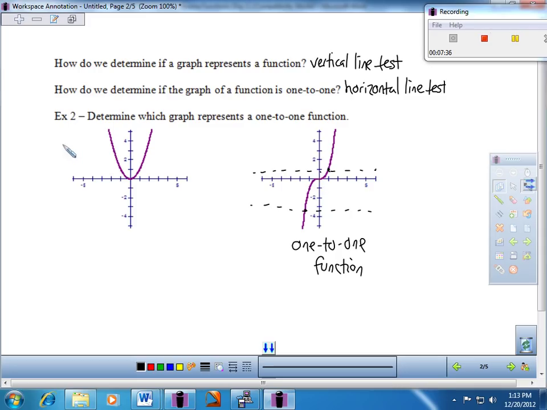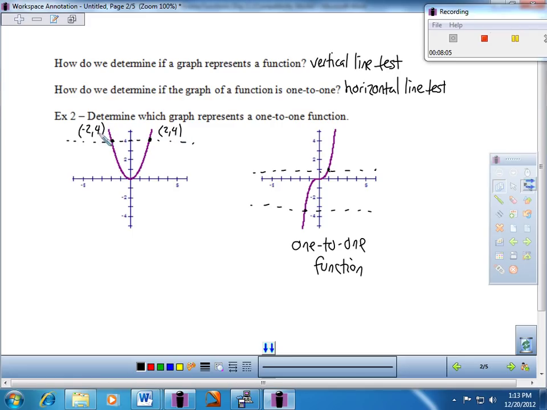Unlike, let's see if we can spot this one. Here we go. Here's a good spot for it. Something like that. Notice it touches in more than one spot, and as a result, does not pass the horizontal line test. And watch that definition in action, everybody. Here are a couple points on the graph. There we go. And do you see? Of course, each x does produce one y. It is a function. But notice the y.